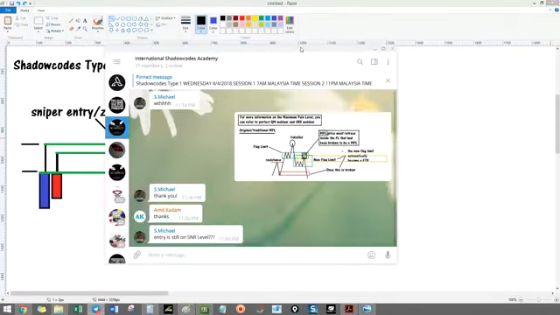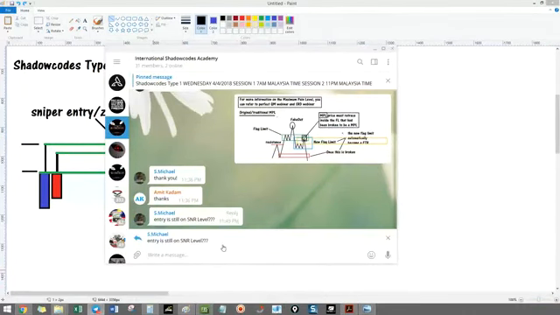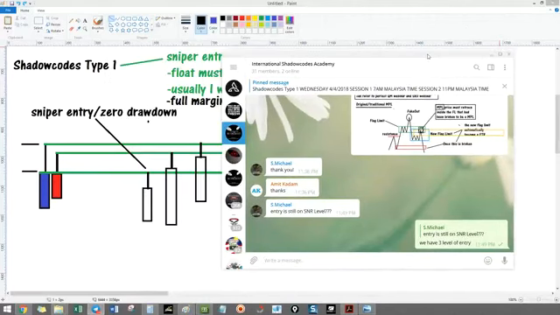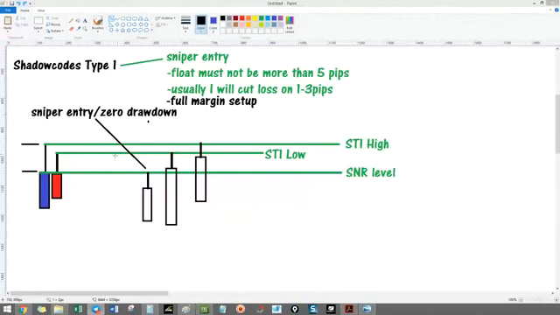So we have a question. Entry is still on the SNR level. We have three levels of entry: the SNR, the line chart, and then now we have ST1 low and ST1 high.